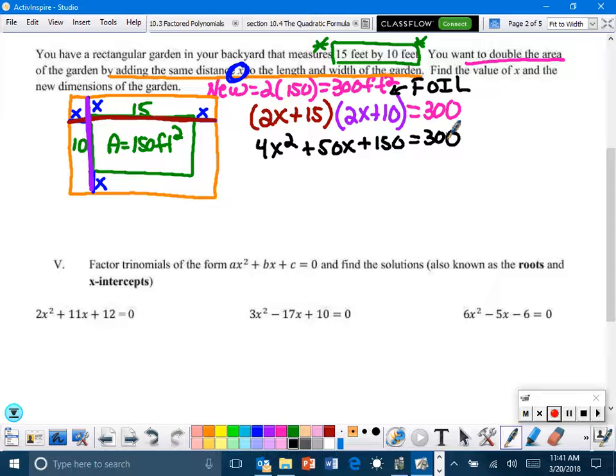So I am going to subtract 300 from both sides. So now my equation is 4x squared plus 50x minus 150 equals 0.